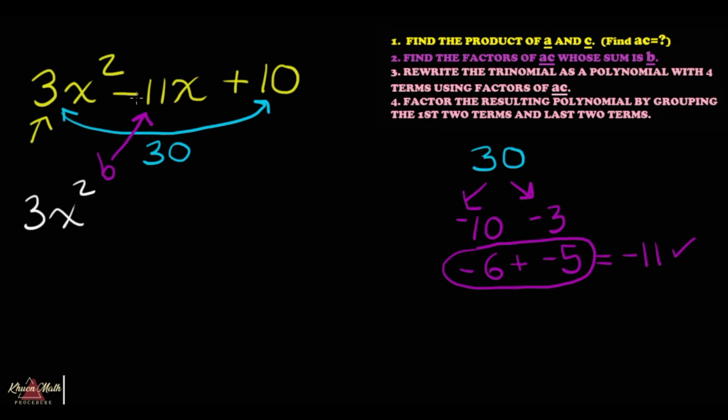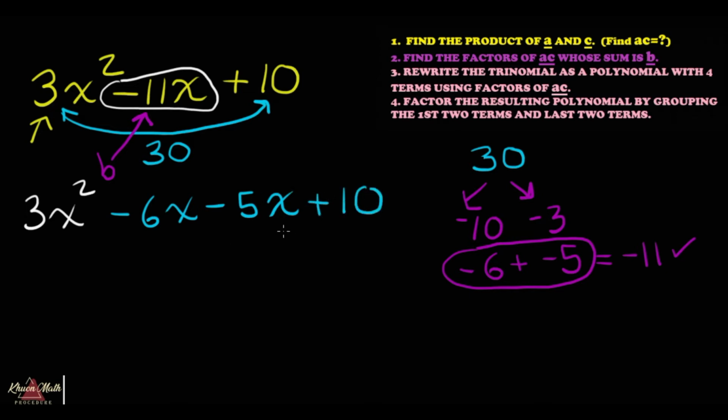We're going to take out negative 11x, and then replace that with negative 6x and negative 5x. We can write it as negative 6x minus 5x, or as negative 5x minus 6x. The order you put it in does not matter. You're still going to get the same 2 factors at the end.